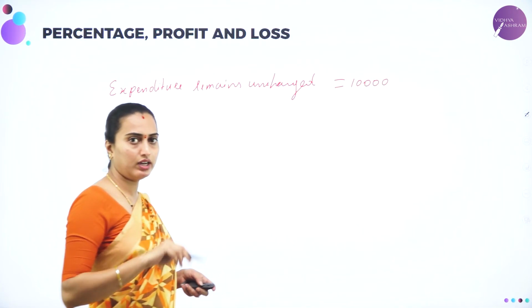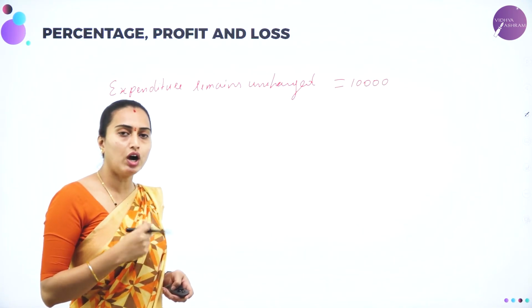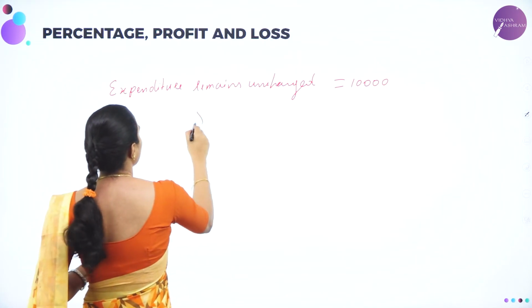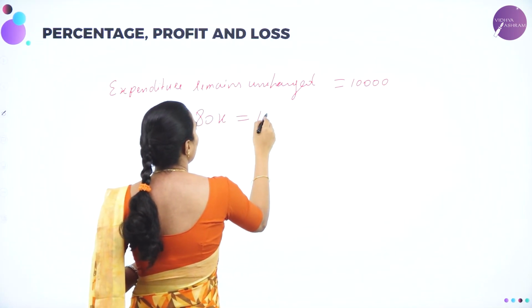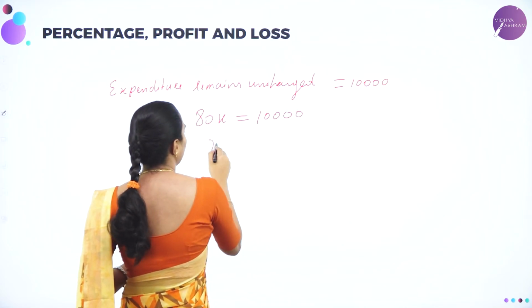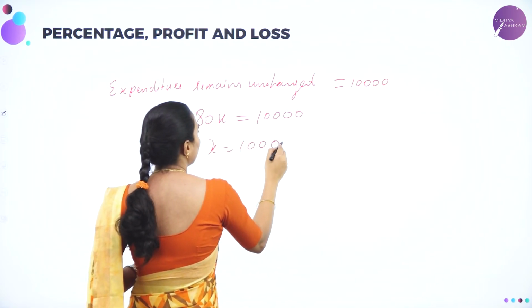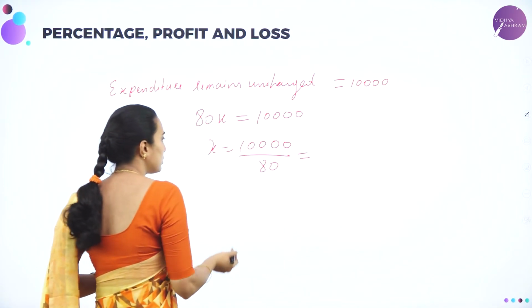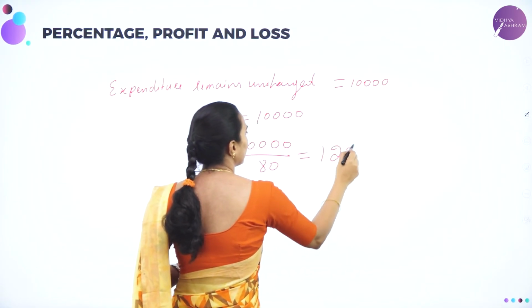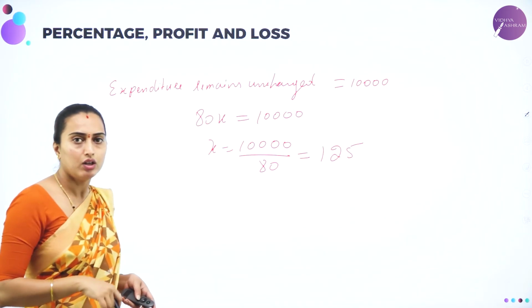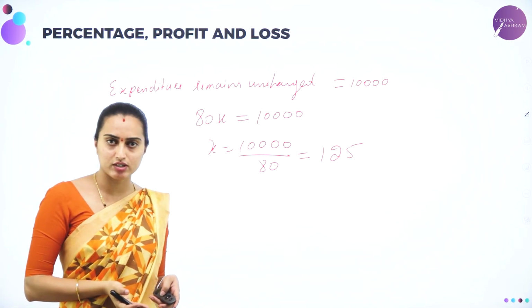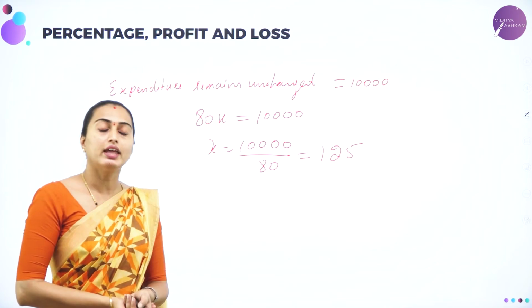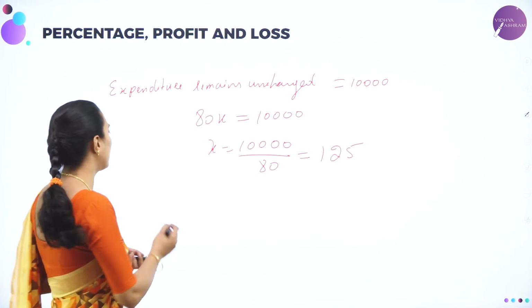You are going to have total expenditure. Therefore, 80x is equal to 10,000. x will be equal to 10,000 divided by 80, which will be equal to 125. So here, 125 remains unchanged, right?